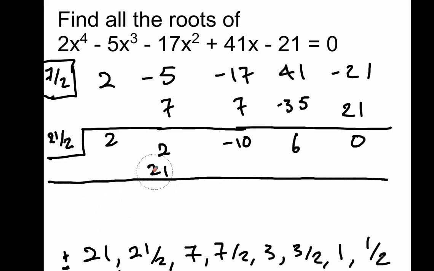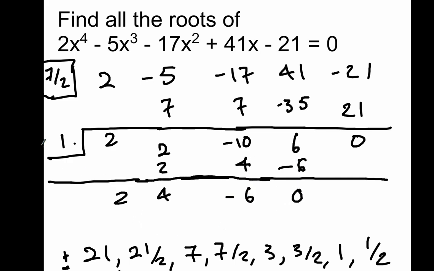I can just stop there. Okay, let's try something else, like 1/2. Let's try 1/2 and see what we get. Bring down the 2. You get 1, 3. We're at 3/2. And again, we're going to have a fraction times a fraction, which is going to leave us with a fraction, which isn't going to be -6. So it looks like these fractions are not working out too well for us. So let's try like 1 and -1. Look there. 1 works. We have another rational root.